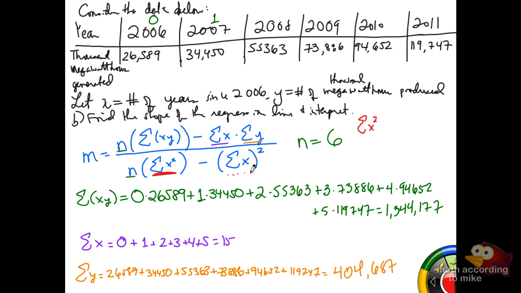Correct. So this would say 0 squared plus 1 squared plus 2 squared all the way up to 5 squared. I got 55.